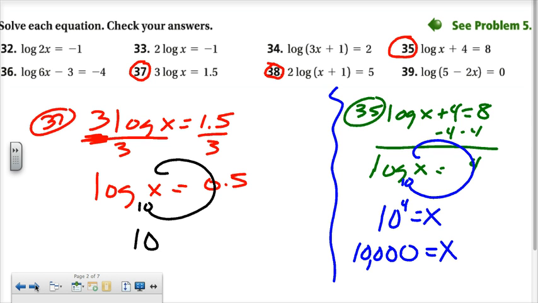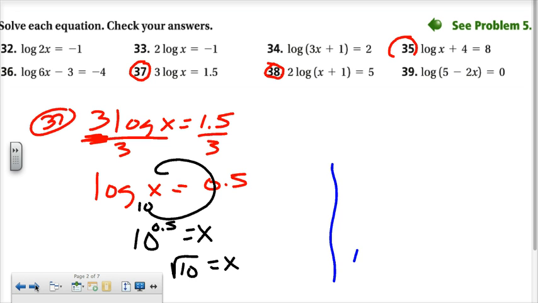So this would really say 10 to the 1/2 or 10 to the 0.5 equals x. And that's actually the square root of 10. They did not say how many decimals, so really we'd be okay writing the square root of 10, because anything to the 1/2 power is its square root. So there's 37.